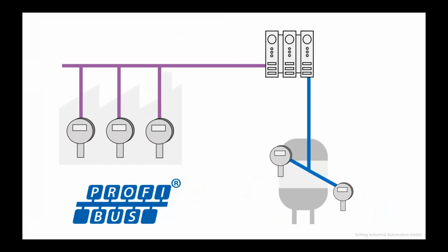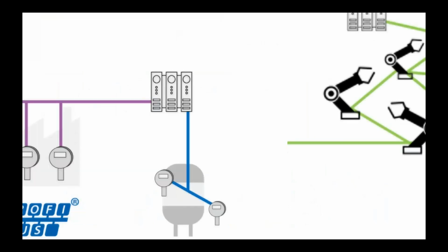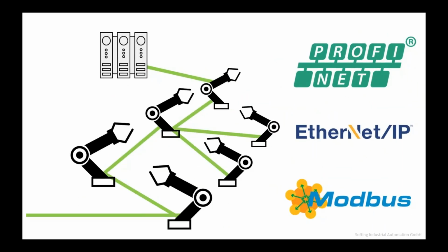We still have a lot of Profibus PA, maybe connected with a coupler. And of course, more and more, we are talking about industrial Ethernet protocols. There are about 15 industrial Ethernet protocols, but the main ones might be Profinet, EtherNet/IP, and Modbus, due to the big companies that are standing behind those.